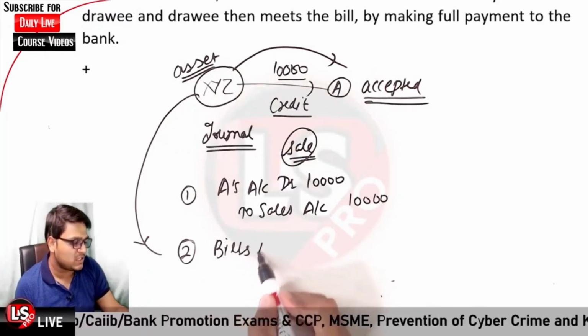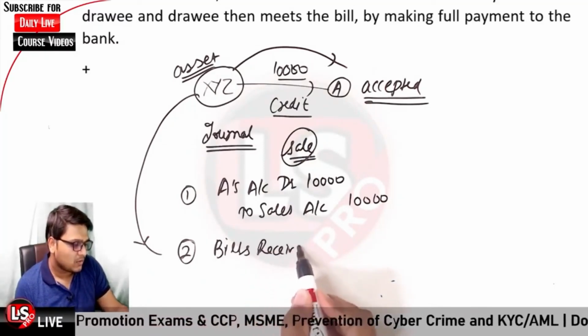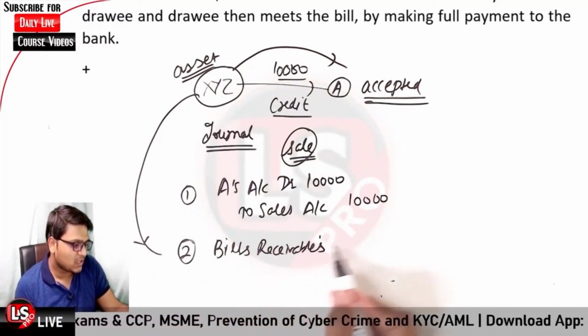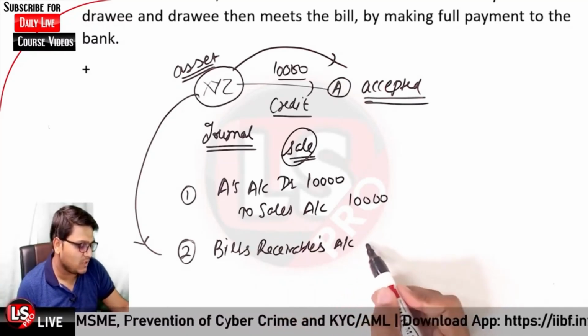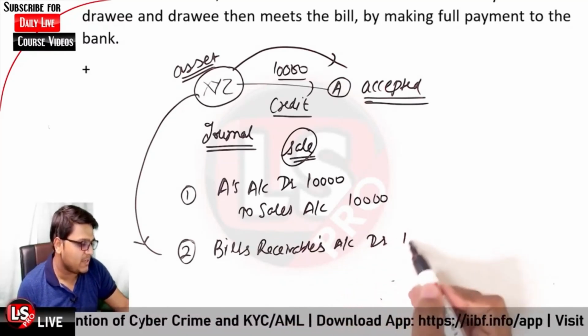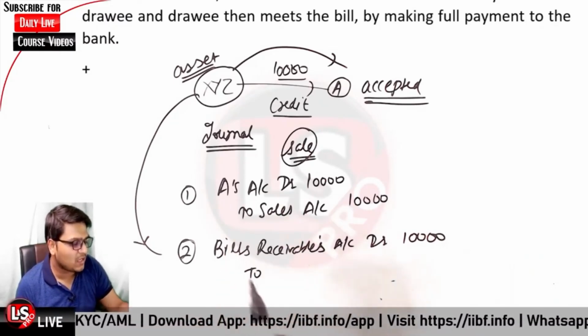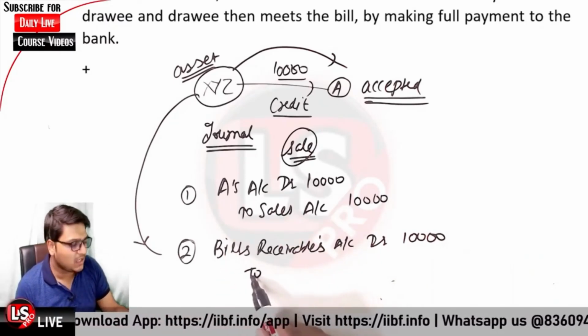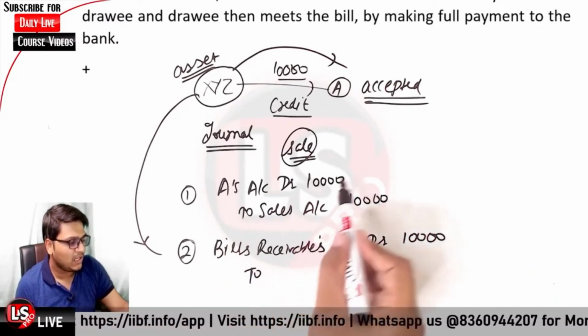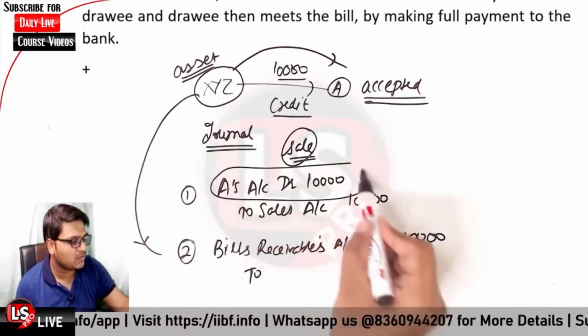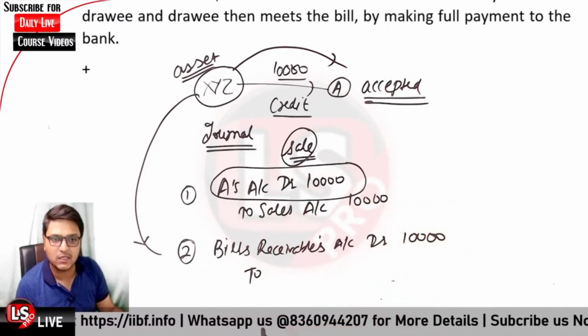So the bills receivable account would be debited with the same amount, 10,000, and the debtor's account would be credited, because A is now no longer your debtor; the bill is now your asset.